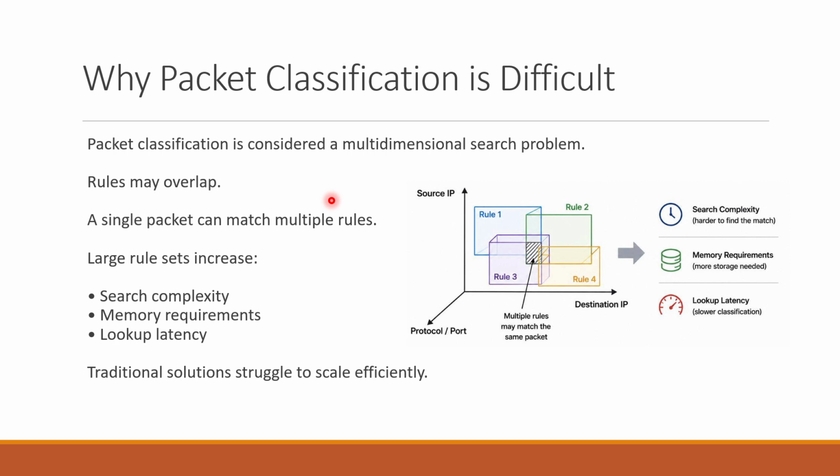Packet classification is difficult because it is a multi-dimensional search, because several packet fields must be checked at the same time, and rules can overlap, which means one packet may match more than one rule, so the system must choose the rule with the highest priority.